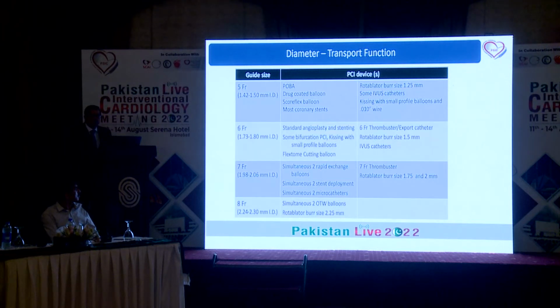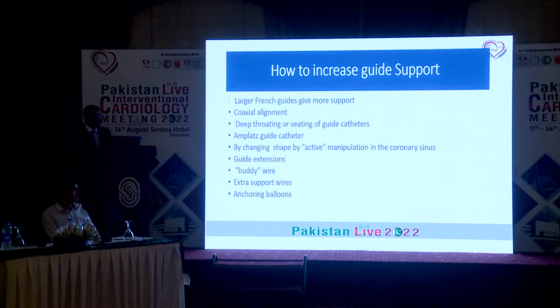Normally we use 6 French guides, and 6 French guides are quite comfortable to use with a thrombuster, and you can use them with a 1.25 rota ablation or 1.5 rota. But if you're thinking of a bigger burr, then you have to move to the next size. 6 French are good for IVUS, and 7 French, as I have told, is good for the bigger rota burr.